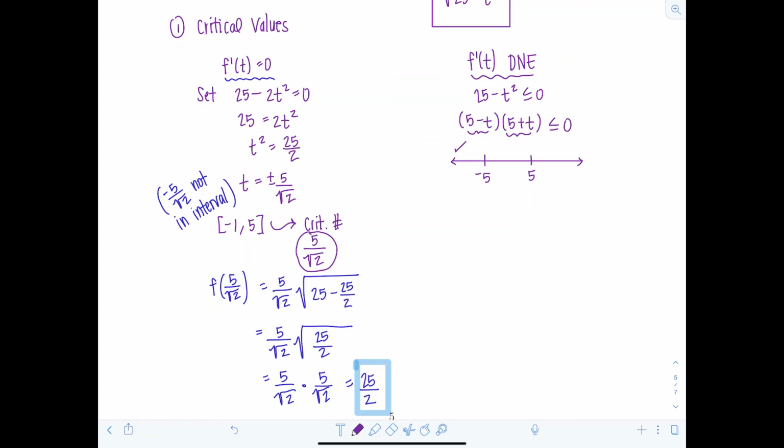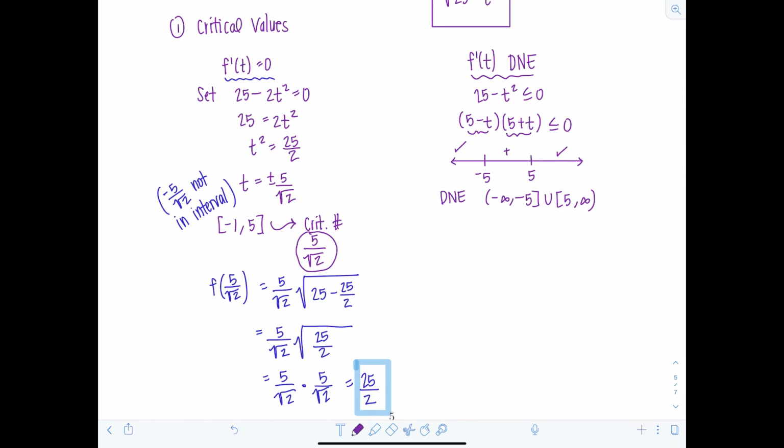If I plug in something like 0, that would give me a positive value, so that wouldn't give me an issue. And then if I plug in something larger than 5, that also gives me a negative. So we see that f prime does not exist for t values from -infinity to -5, union 5 to infinity, right? The zeros as well as all the other values.